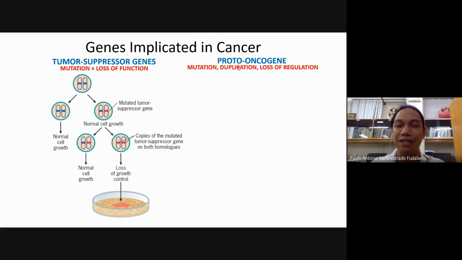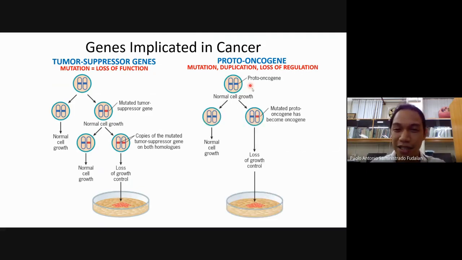Ang resulta, cancer gihapon. And here, you only need one copy of the proto-oncogene to mutate to have cancer. Okay? So, adequate na ang isa lang ka-allele ang mag-mutate sa proto-oncogene to form cancer. So, these are the two main types of genes that are involved in cancer formation.